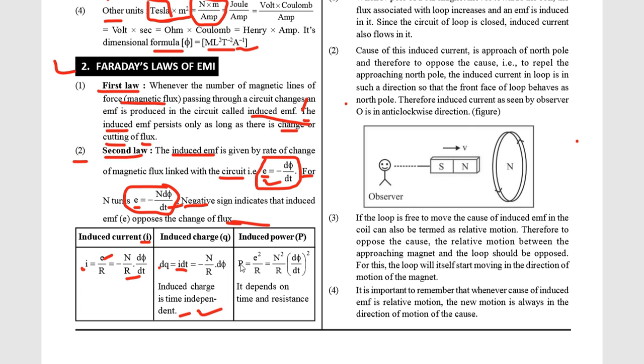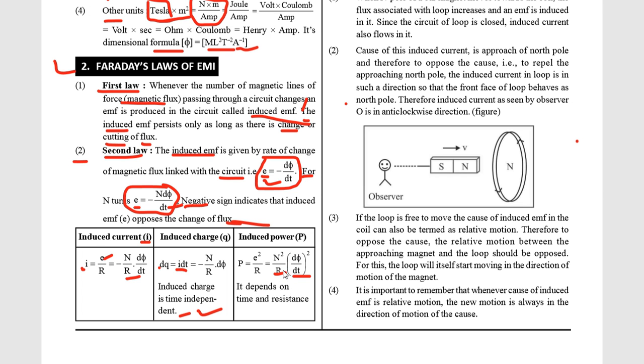So you can write P is equal to E square upon R. Now you can substitute the value of E, and you will get n square upon R into d phi by dt whole square. So you can see it is dependent upon time and resistance.